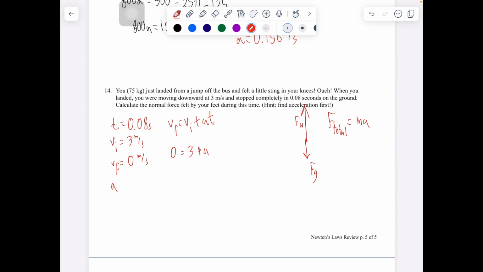Time is 0.08 seconds. Now we just have to go ahead and calculate.